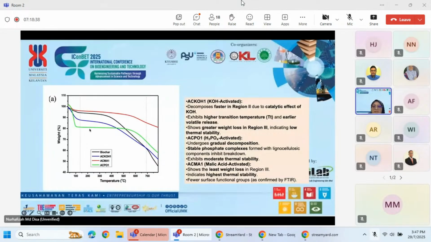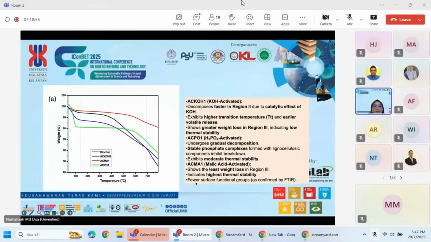As compared to ACPO1, the stable phosphate complex makes it more resistant to degradation. And ACMA1 indicates the highest thermal stability because of fewer surface functional groups, as confirmed in FTIR.